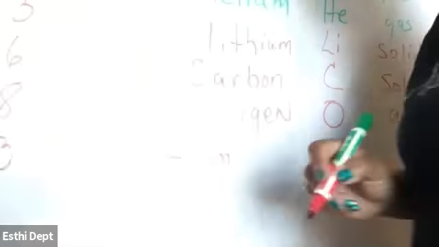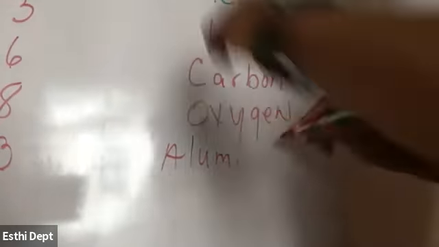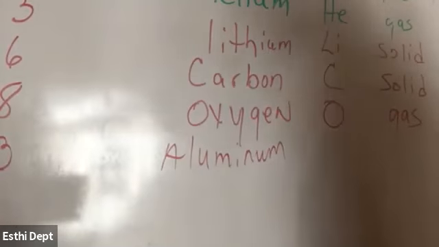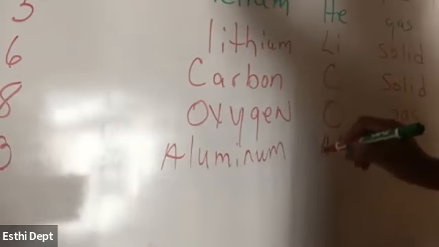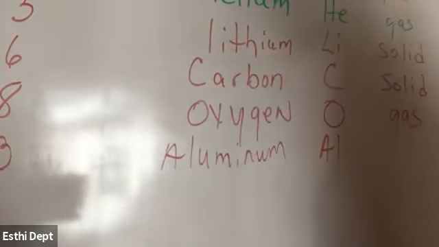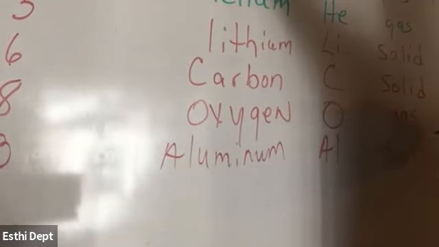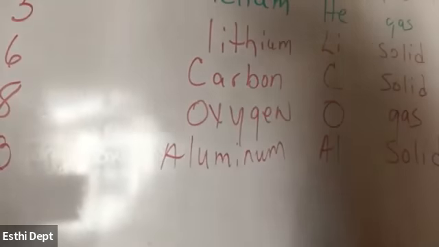13 is aluminum. What is the symbol for aluminum? Al. What category is it in? It's a solid. Then we have 16, which is sulfur.